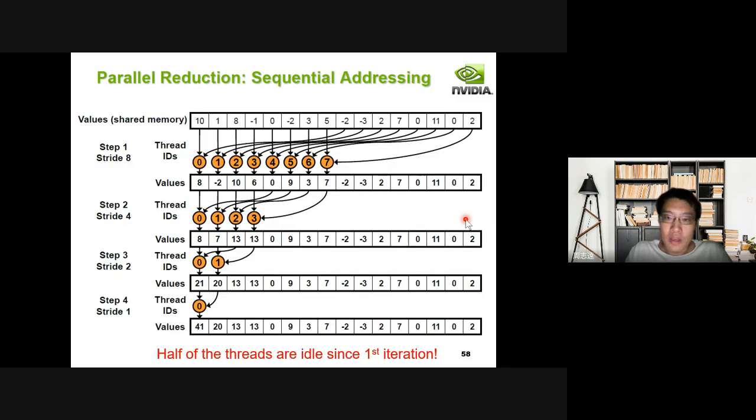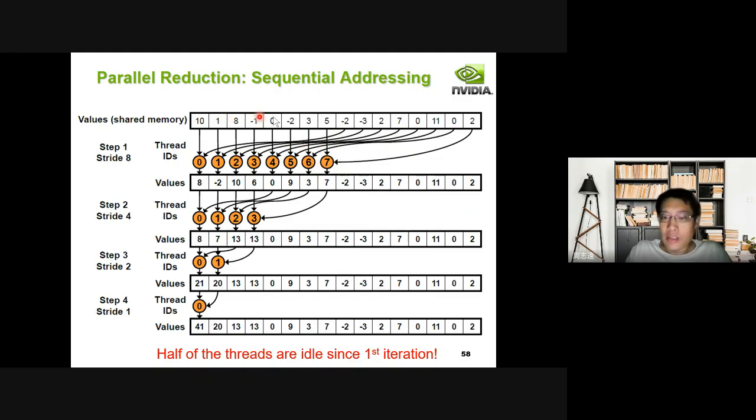Okay. And finally, the last optimization we will introduce is to reduce the number of threads you created or needed, because you can see that as a matter of fact, even in the first iteration, we only require half of the threads to do the computation, right?